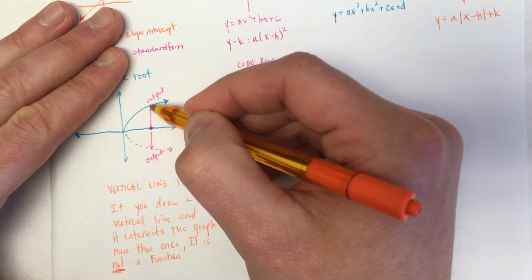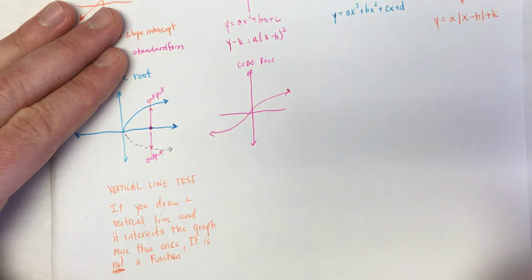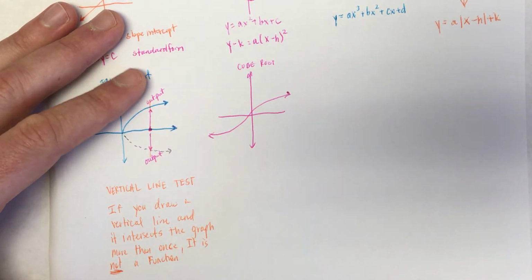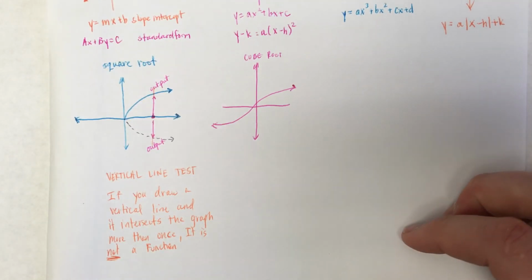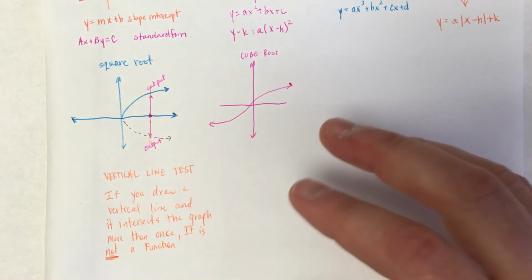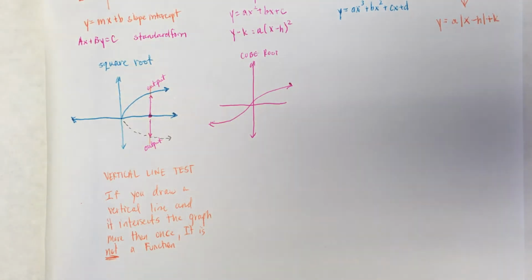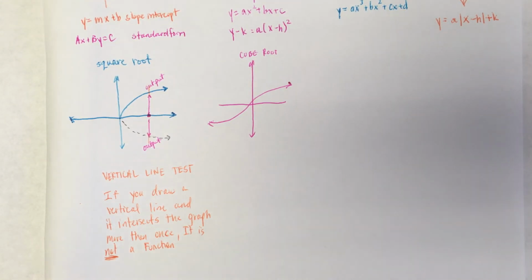And so this would fail it because it hit here and here. But any line I drew vertically through this would work out just fine. And that becomes a really important concept, but it's really based on the definition of a function where we have one input and one output. We won't get into the onto or one-to-one description, but basically identifying whether something's a function or not is really important.